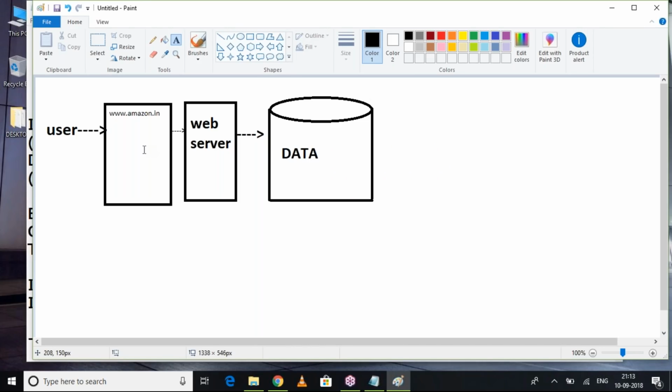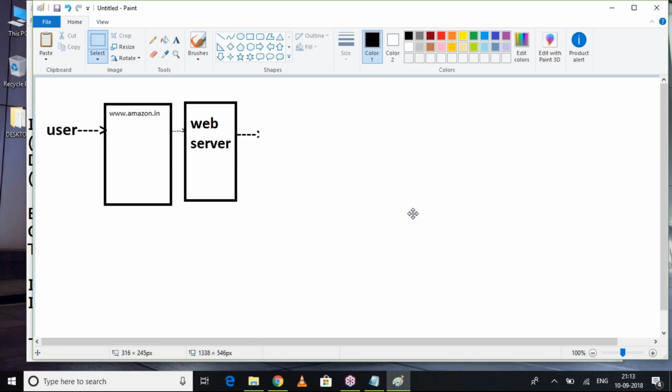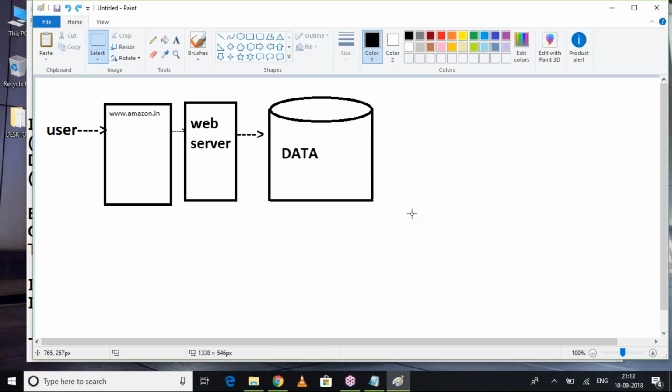Hope you understand. Just think about a business. If there is no database in the backend, what will happen? Just think about a business, Amazon. Amazon has a web interface, fine. But in the backend, there is no database. You will never get any information in the web page, and you will never manage your information online.